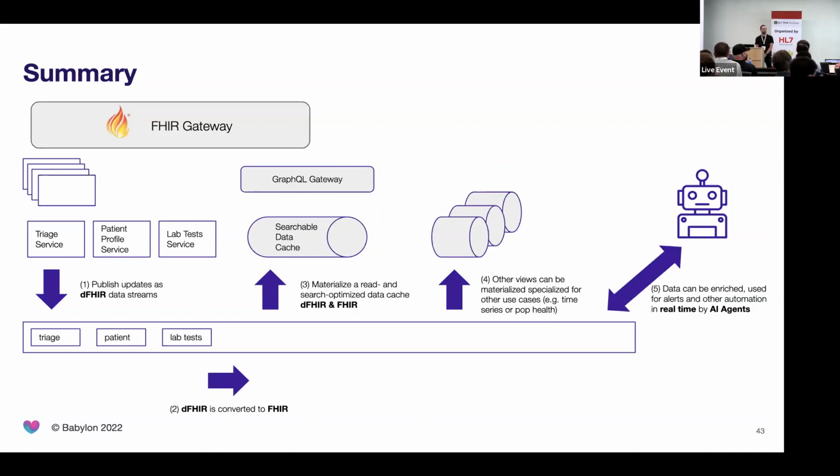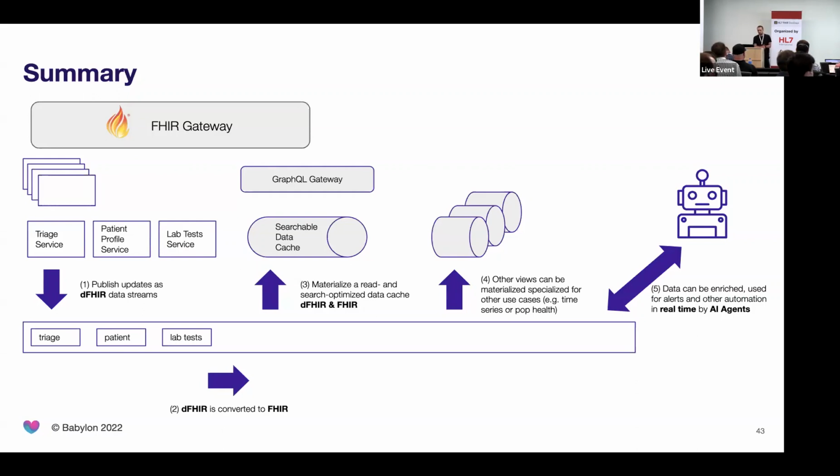Next one. Are there any big data advantages to the cached FHIR data? How do you make the FHIR data available for a big data use case in addition to the transactional use case?